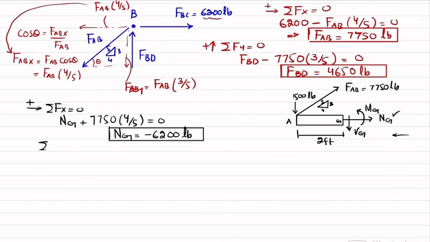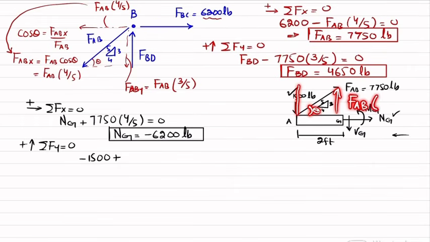Now we will apply another equation of equilibrium, that the sum of all forces along the y direction must be equal to 0, and upward force is taken as positive. So 1500, which is acting downwards, so minus 1500, plus the vertical component of this force, which is equal to FAB into sine theta.